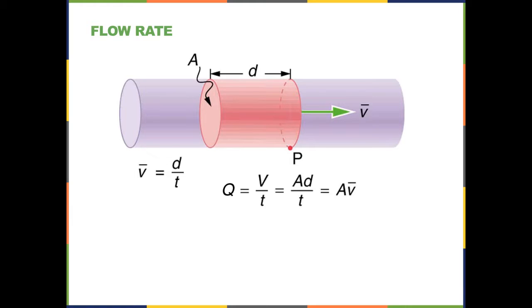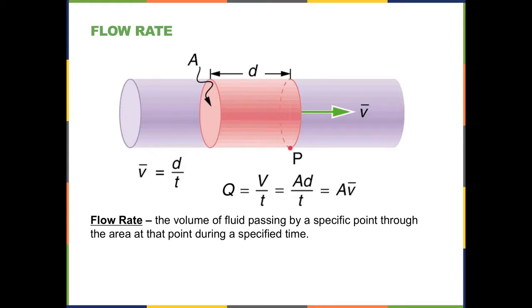Now this is the way in which you need to look at fluids flowing through a pipe, most pipes being circular, but it's a circular pipe. And in this situation, the flow rate is the volume of fluid that passes by any particular point, and here it's labeled P, through an area at that point during a specified time.